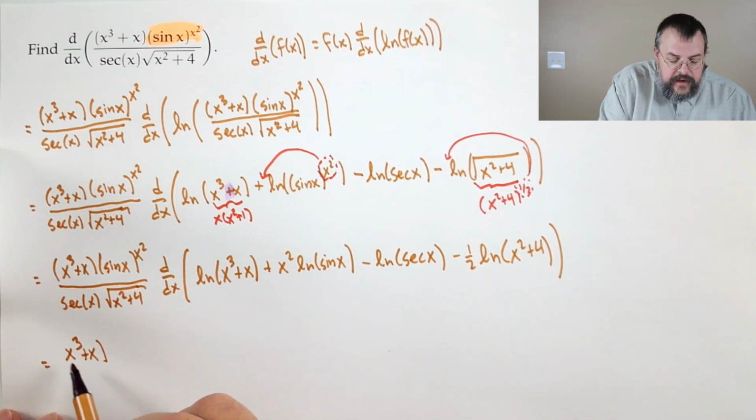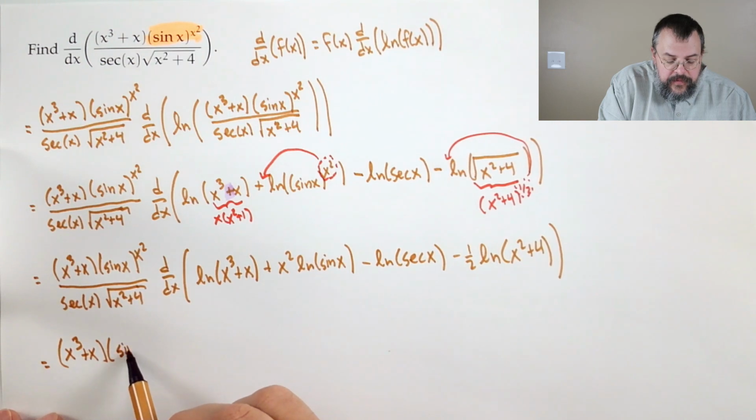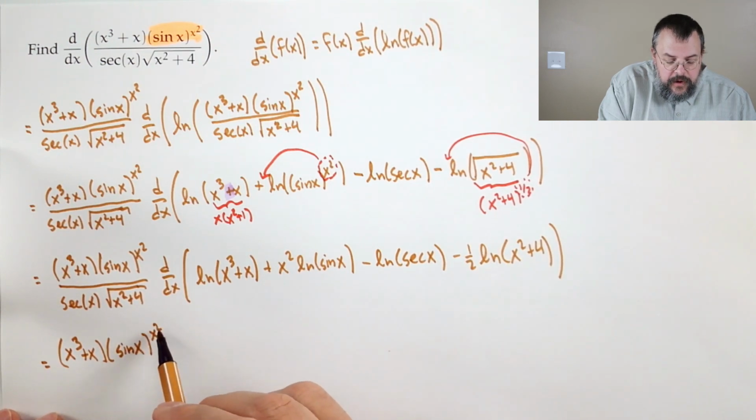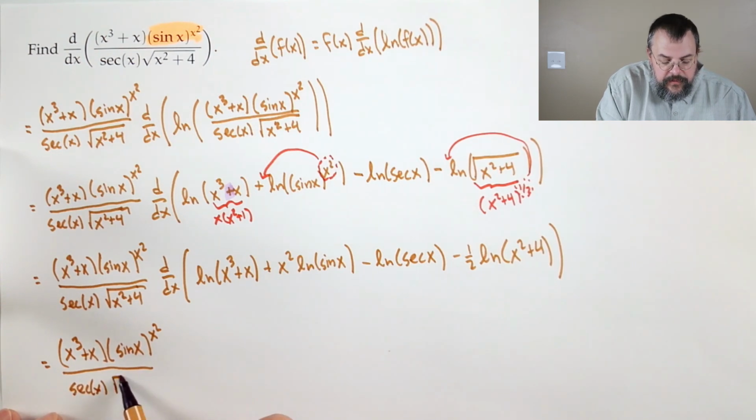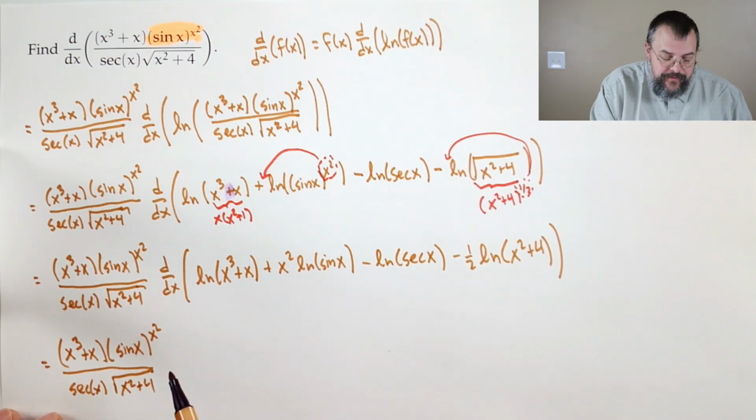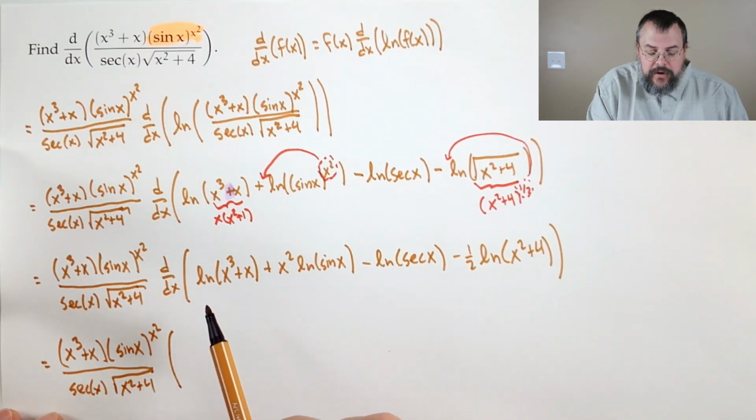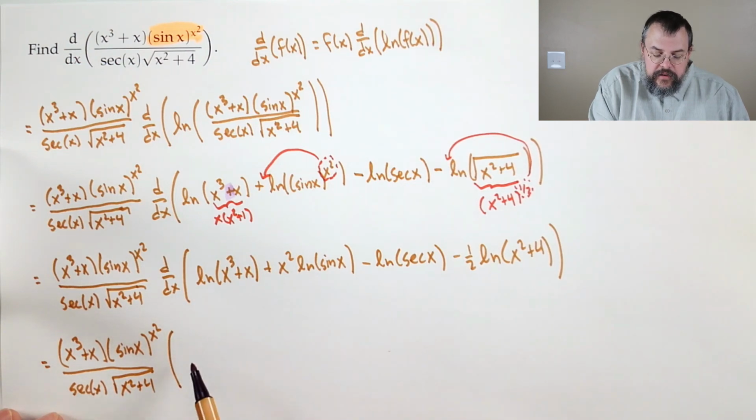And depending upon how much we feel like simplifying, this is the final step or the penultimate step, which means the step before the final step. I don't feel like simplifying. I feel like I've written down enough. So we'll make this the final step. So the nice thing about taking derivatives of logs is it's really easy.